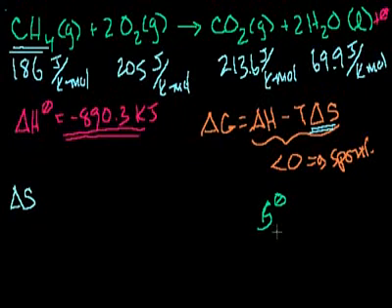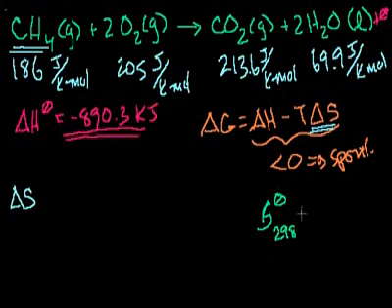The standard molar entropy, so when we say standard, it's at 298 Kelvin. You don't use the word degrees necessarily when you talk about Kelvin. So it's at 298 Kelvin, which is 25 degrees Celsius, so at room temperature. So that's why it's considered standard temperature.